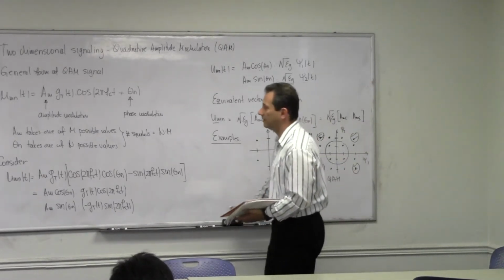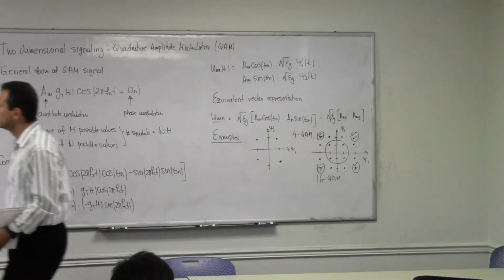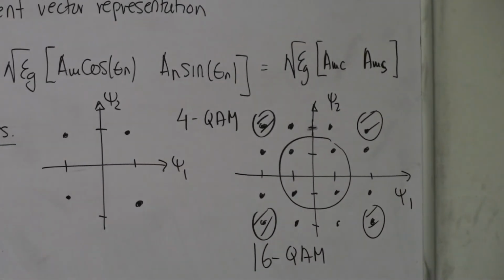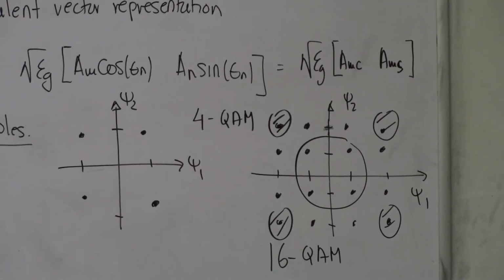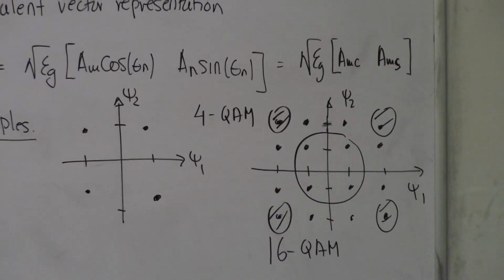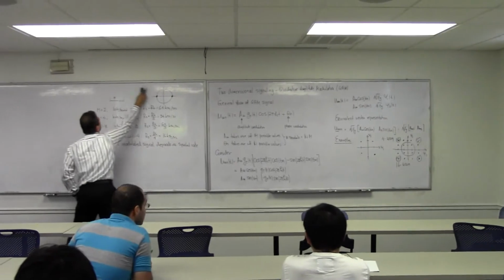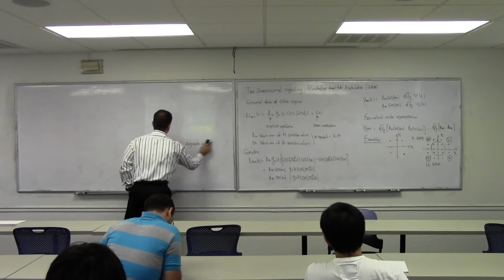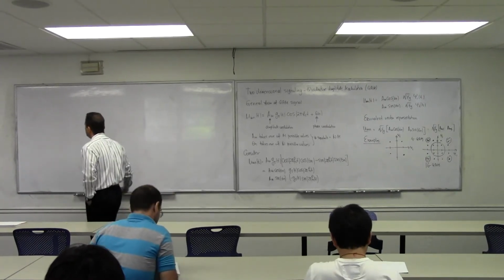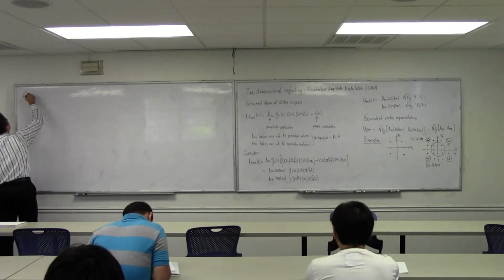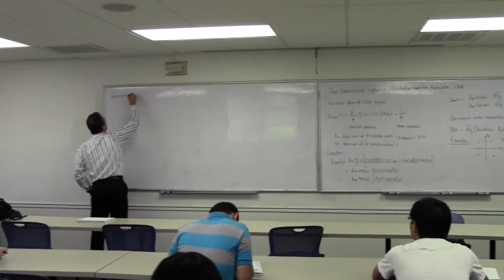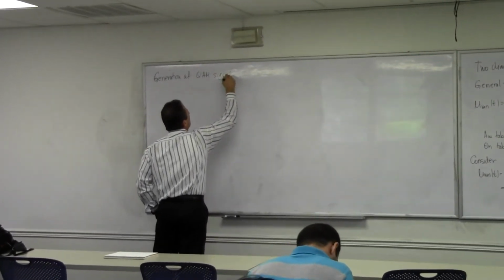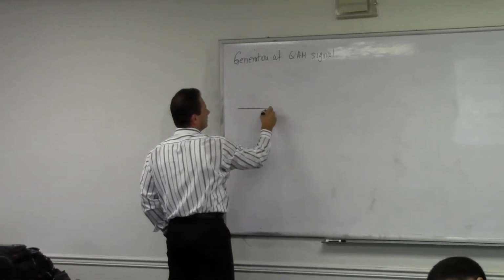How do I generate a quant signal? Here's the block diagram.